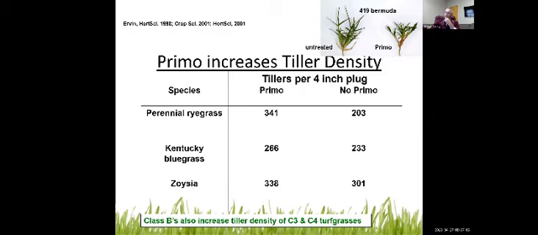Okay, so when we look at products that you would be more familiar with, like Primo, and you think about what they're designed to do, they are not designed to manage a COVID-19 situation where all your employees are at home and you can't get around to get all the grass mowed in a timely manner. They'll help with that. They definitely will help.